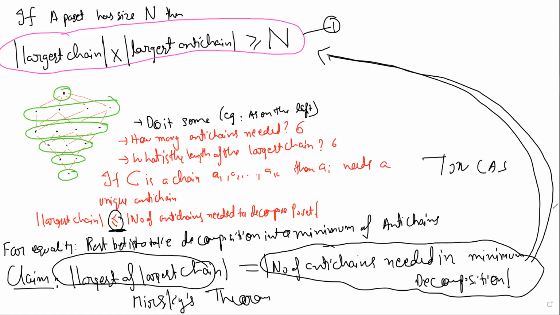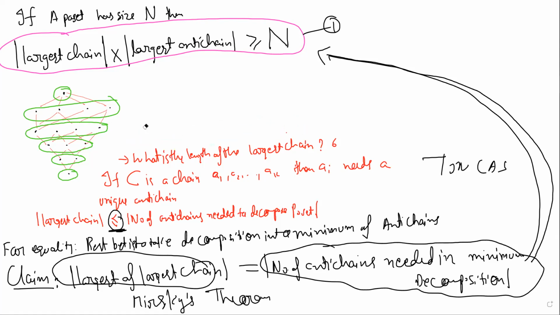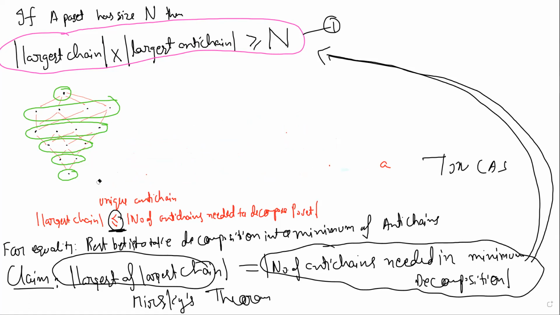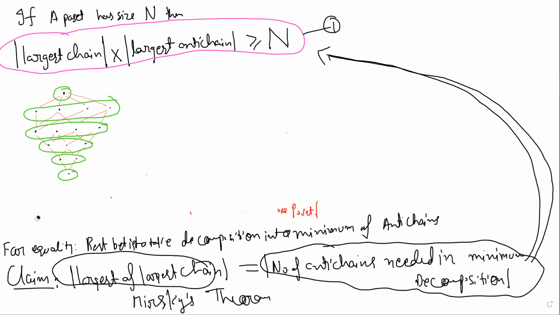So I'll remove this. Just think. You're taking a poset and you're breaking it into antichains in the minimum way.